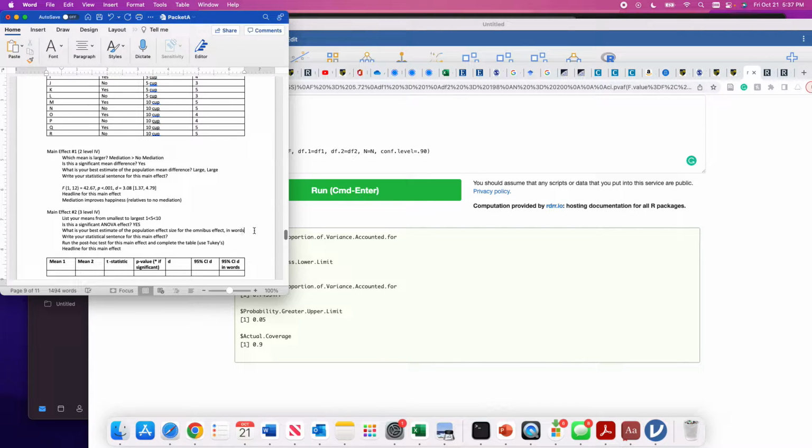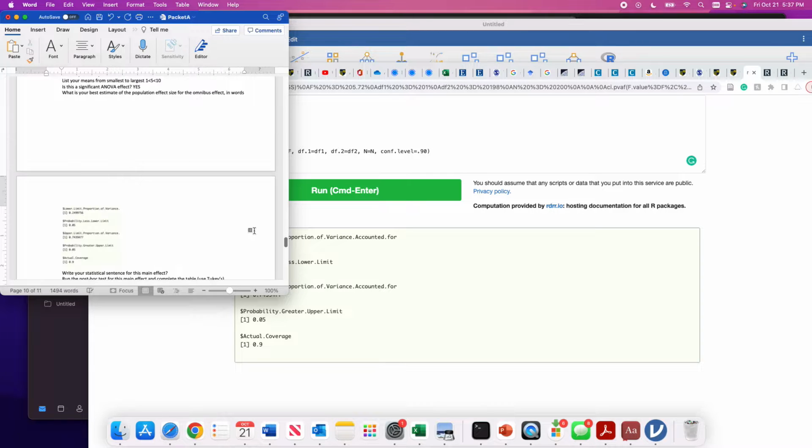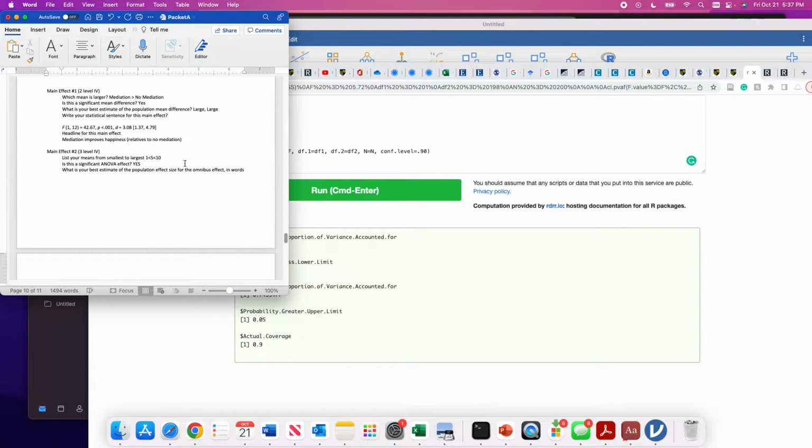So what is your best estimate of the population effect size for the omnibus effect in words? Right, it is 0.25 to 0.74. We'll come back and talk about what that means in a second. We'll just put it here, 0.25 to 0.74.